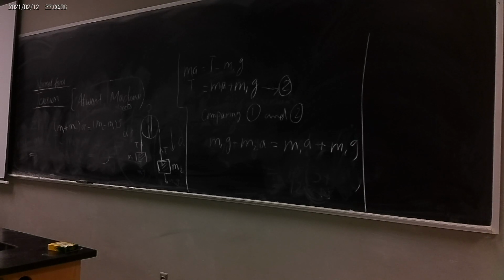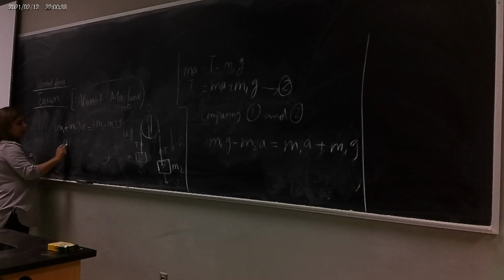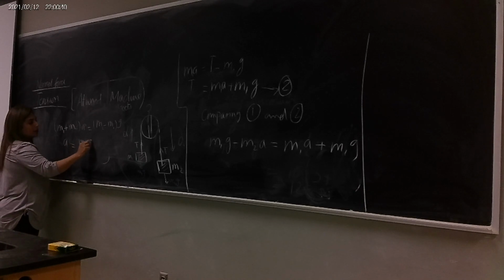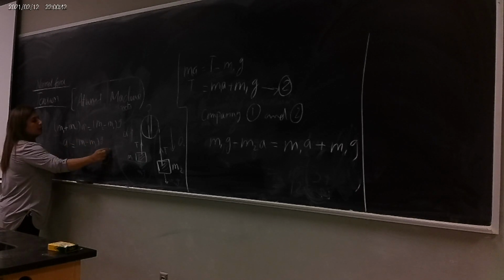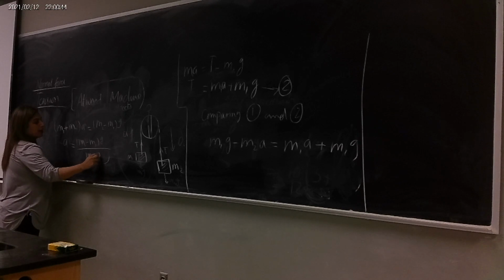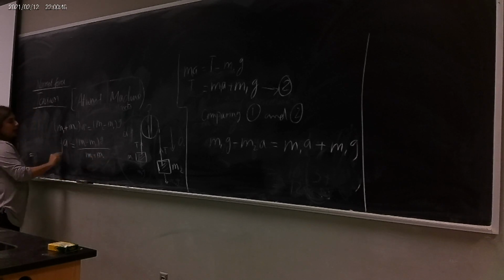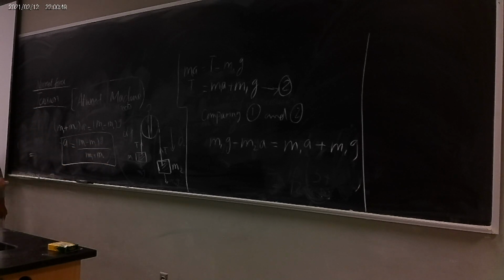Good? Okay. Leaving A here: A equals (M2 minus M1) G divided by (M1 plus M2). That is the acceleration of the Atwood machine. You used it. That is the way it is derived, using the idea of tension in the rope and finding the acceleration of the connected objects.